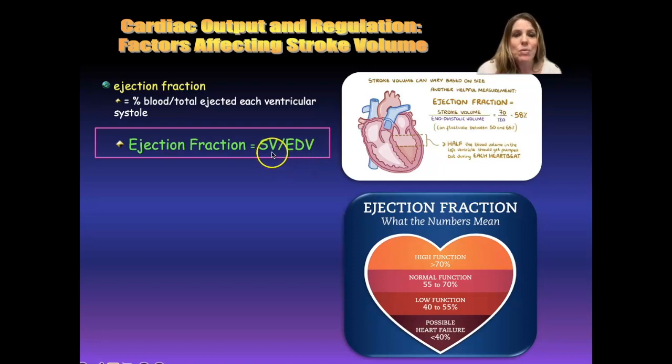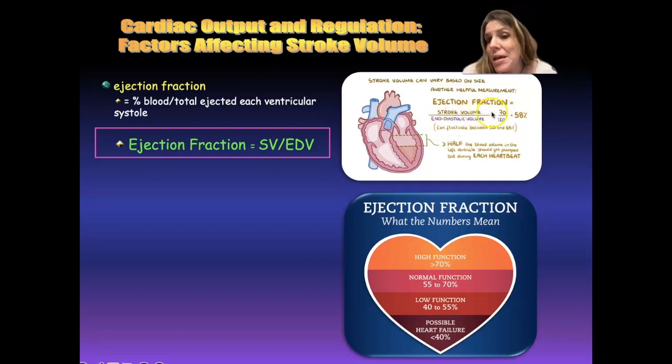In other words, we take the amount that was actually pumped into the blood vessels, remember, EDV minus ESV, and divide that by how much you started with. That gives you your ejection fraction, as you can see over here: stroke volume divided by end diastolic volume.